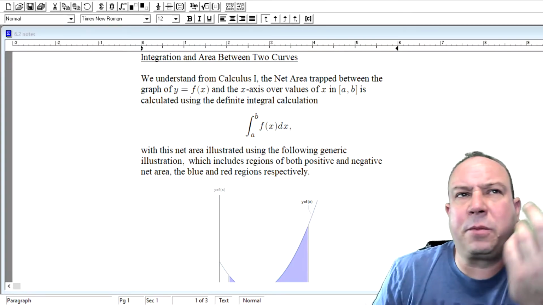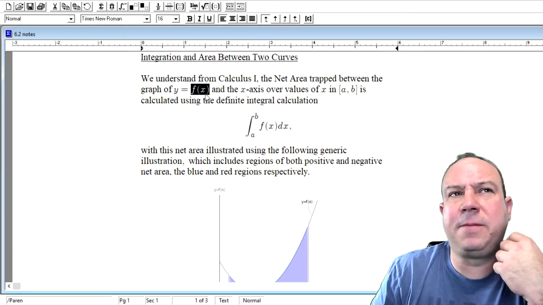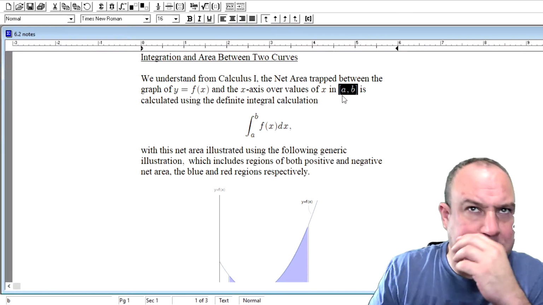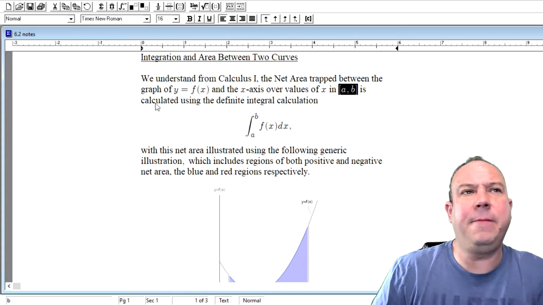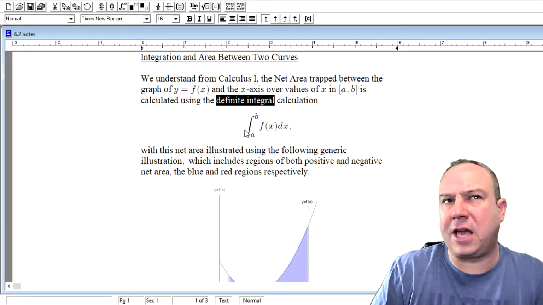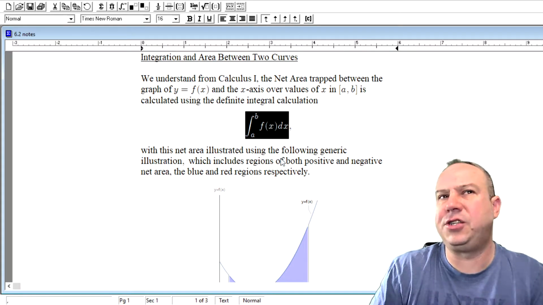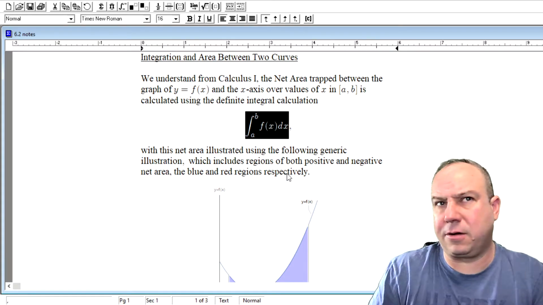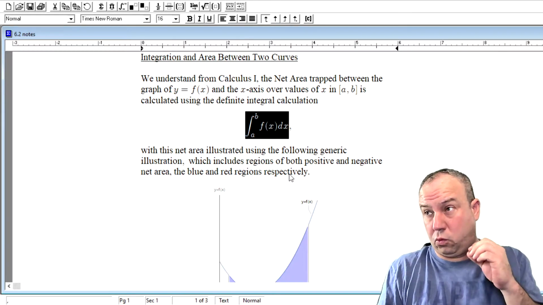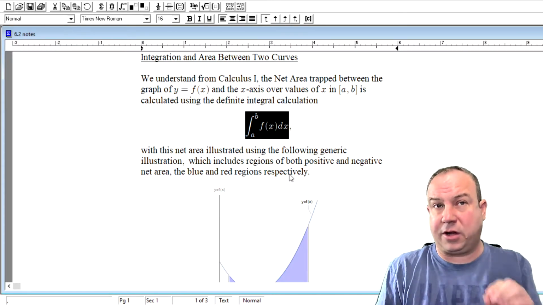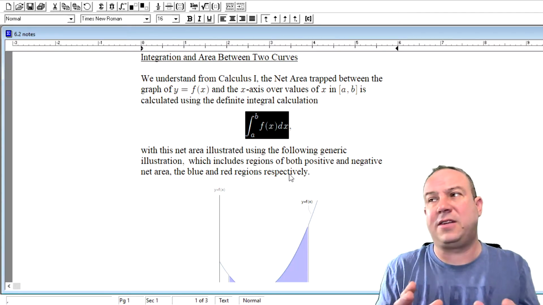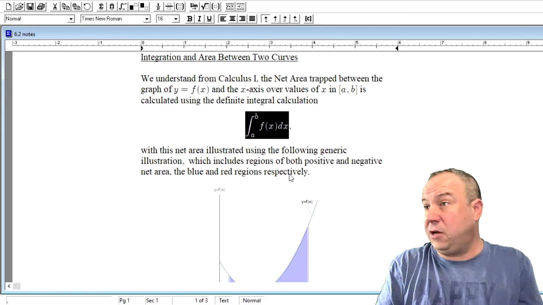And we understand from Calc 1 that the net area trapped between some function and the x-axis over values of x in this closed interval from a to b is calculated using what we call the definite integral calculation. That is this calculation right here. When we evaluate the definite integral, we get a numerical value.